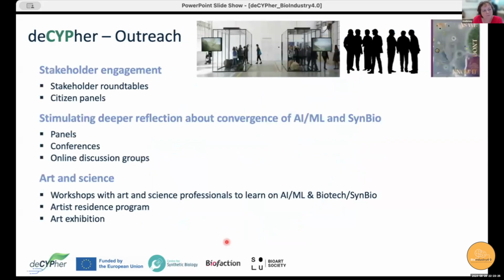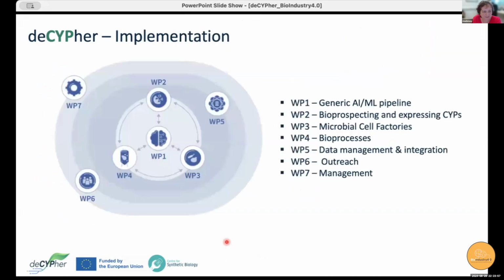For that last part, we do quite a lot of outreach, like stakeholder engagements, where we will organize roundtables and citizen panels. We also work with artists, and that's also where probably a collaboration with Bioindustry 4.0 can exist.